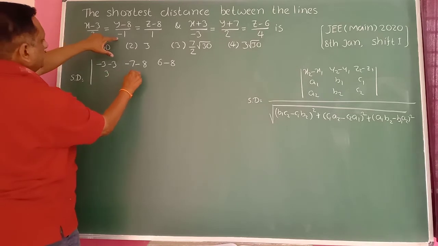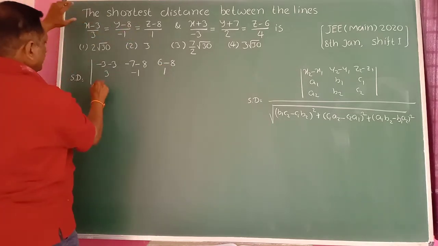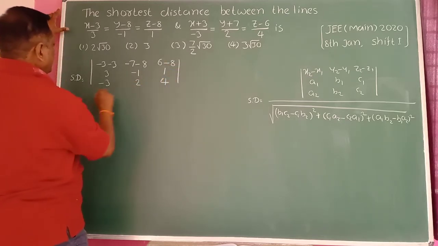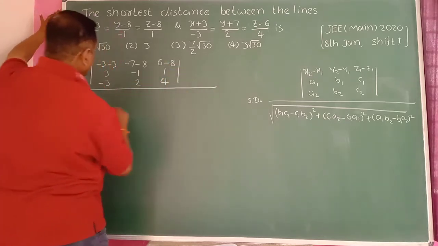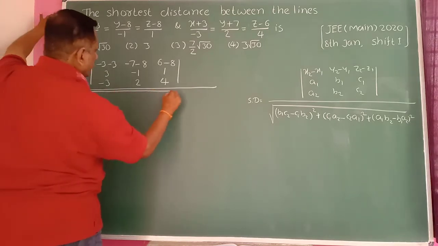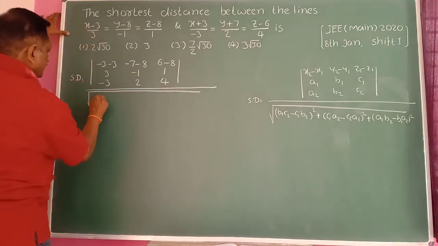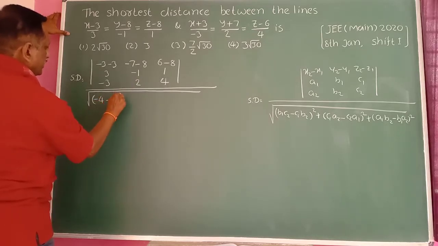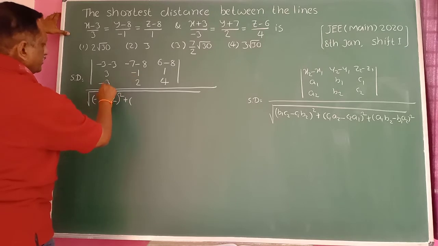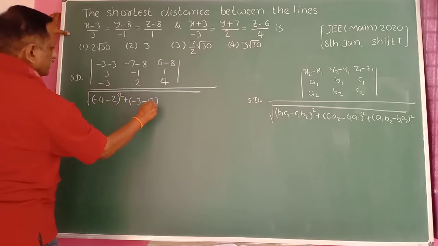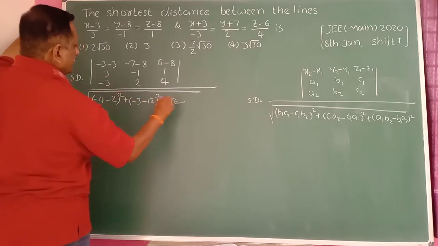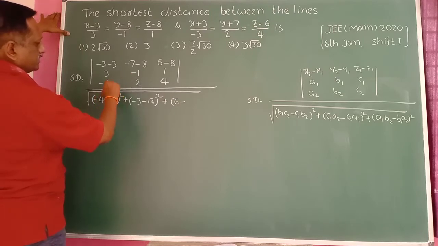Denominator terms: 3, minus 1, 1, then minus 3, 2, 4, divided by root of (4 ones are 4 minus 4 minus 2 ones are 2) squared, plus (1 into minus 3 gives minus 3 minus 4 3s are 12) squared, plus (3 2s are 6 minus of minus into minus plus 3 ones are 3) squared.